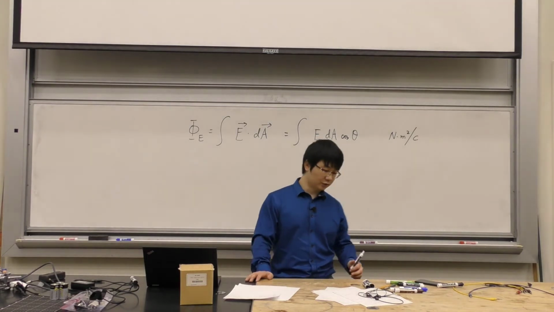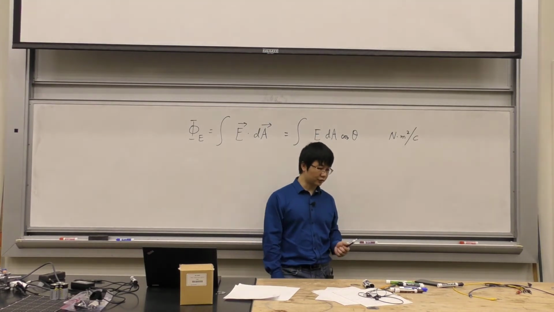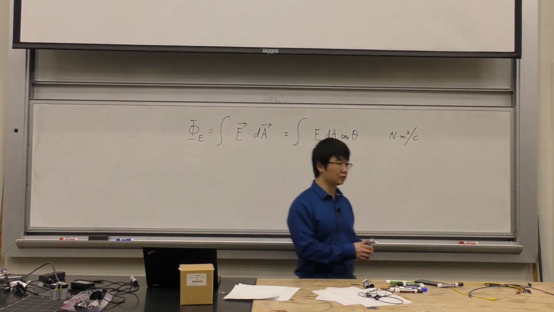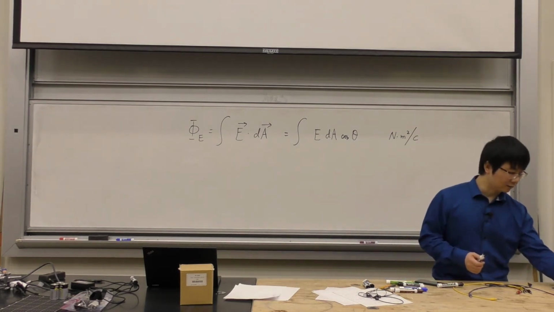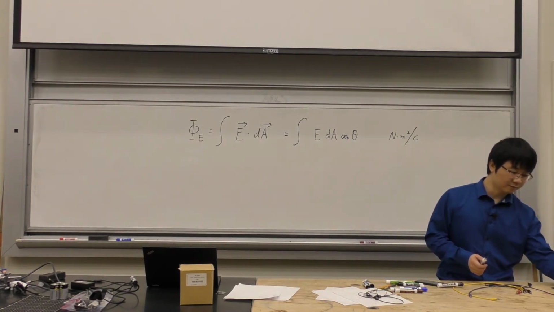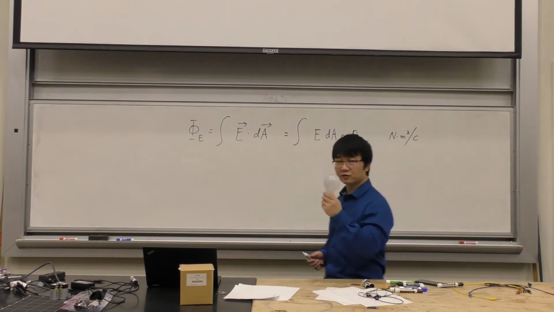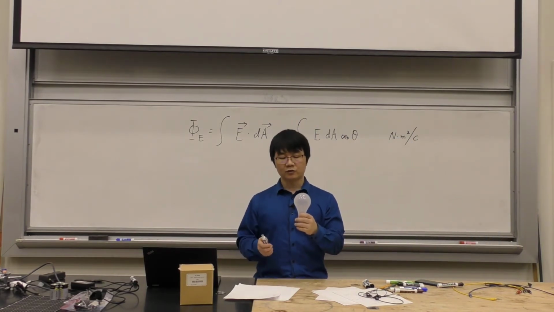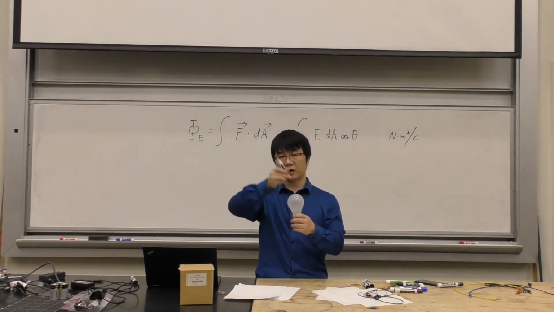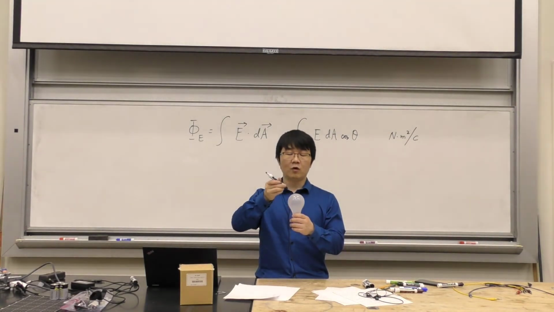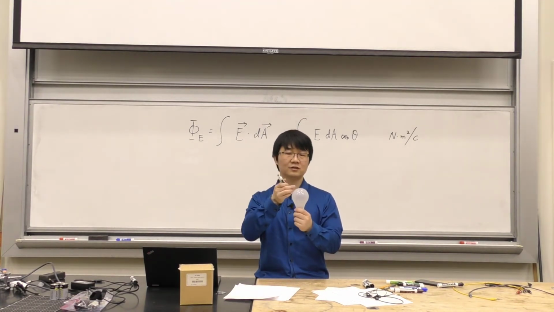If you have a spherical surface, and there's an electric field, and you want to define the angle between the electric field and the surface, then what angle do you pick? This is not a flat surface.